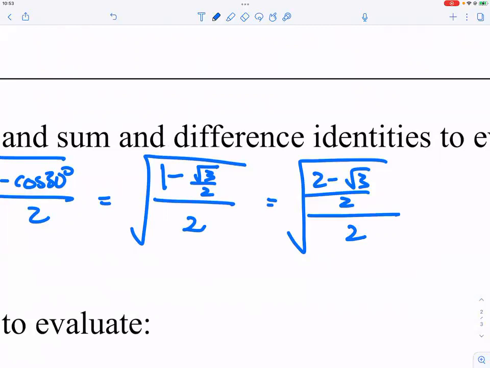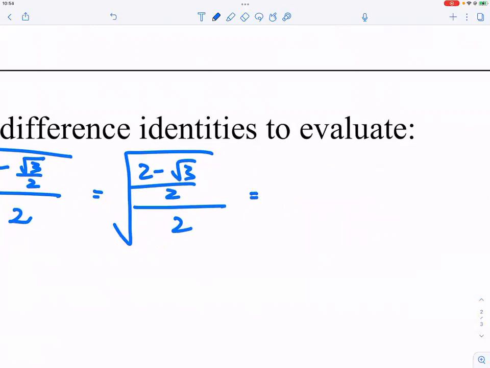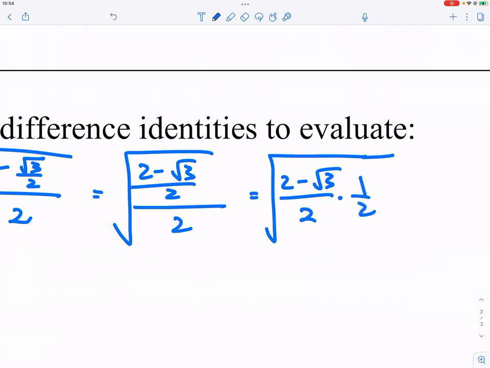Okay. When you do common denominator, the 1 becomes 2 over 2. Now, I will show you how to get to the simplified fraction, but I would suggest that you get more comfortable and try to do this mentally. So this top fraction divided by 2 is the top fraction multiplying by 1/2, which is 2 minus root 3 over 4.